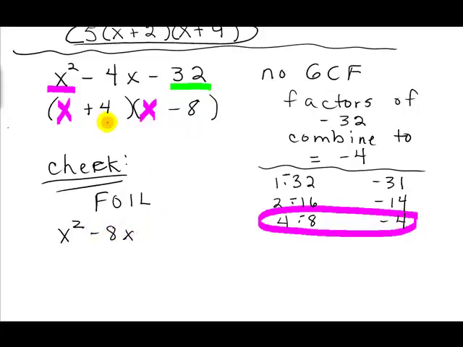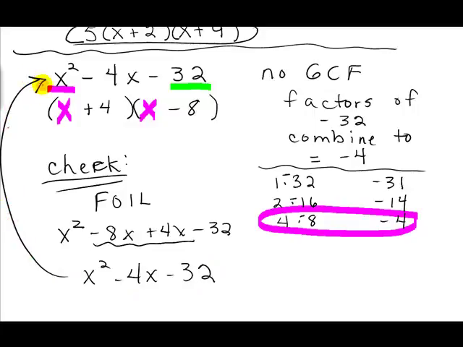Then we will multiply the 4. 4 times x, positive 4x, and multiply the last, negative 32, combine like terms, and this matches what we started, so we know that we are correct.